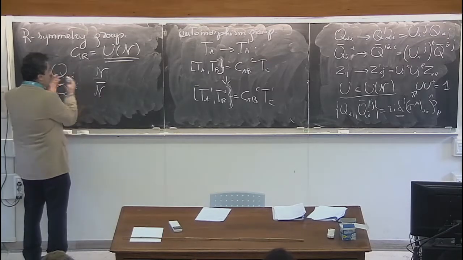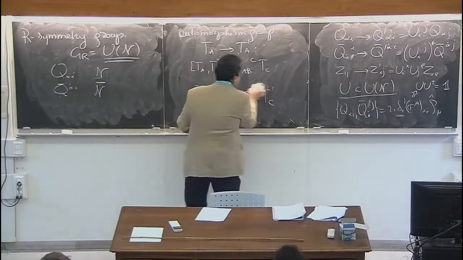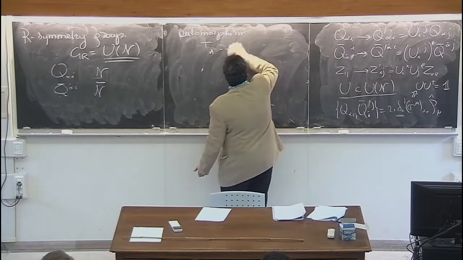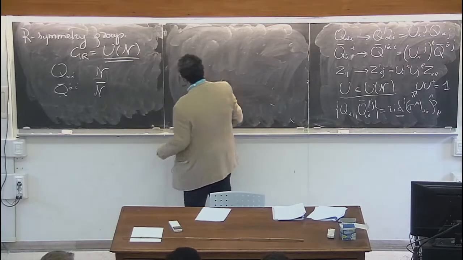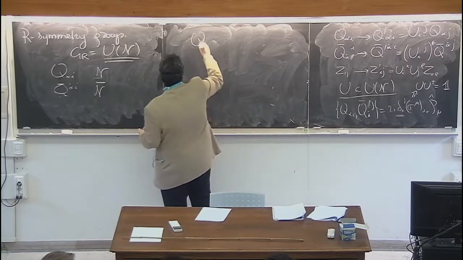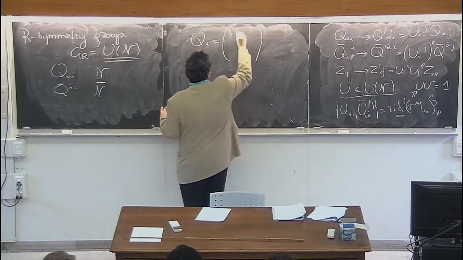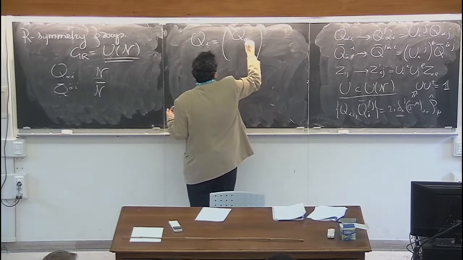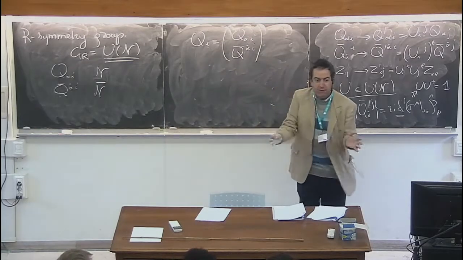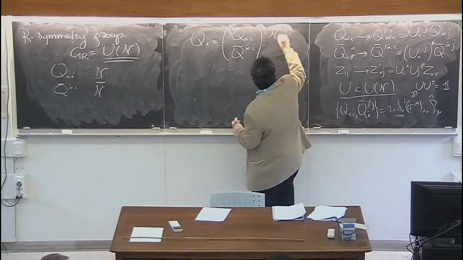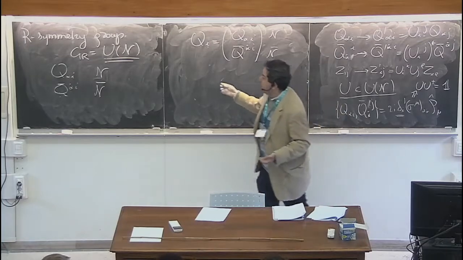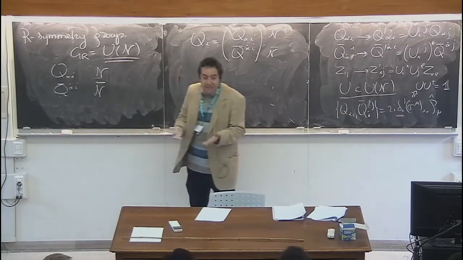And if we merge them inside a single spinor, then we are losing the manifest U(n) transformation property, because we are putting together things which transform differently, one in the n and the other in the n bar. So we are losing manifest U(n) symmetry, but it is there.